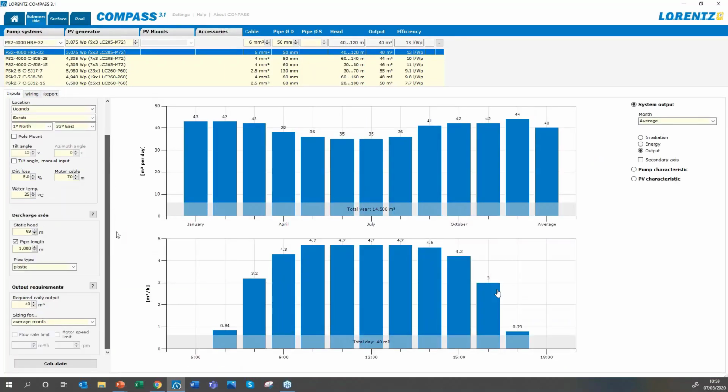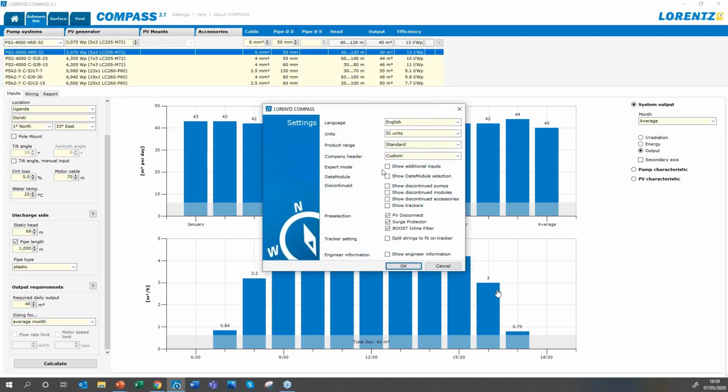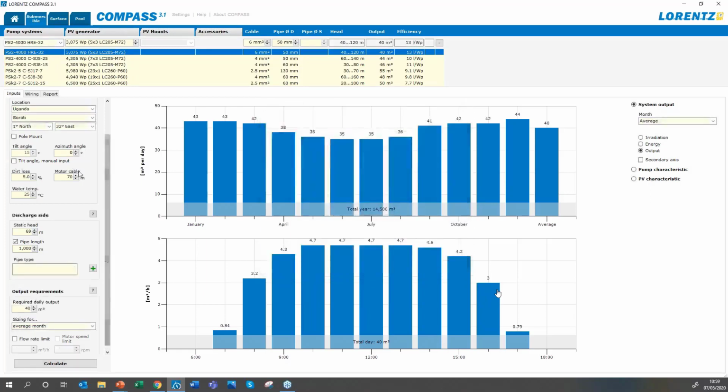So what we would be able to do is set a flow rate limit. And to do this, I'm going to have to go to my settings, and I can show additional inputs. So if I show these additional inputs, this is going to give me what we call expert mode, a bit more flexibility on what we can do.